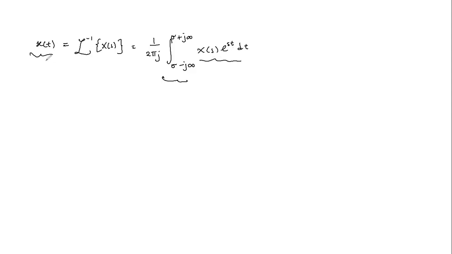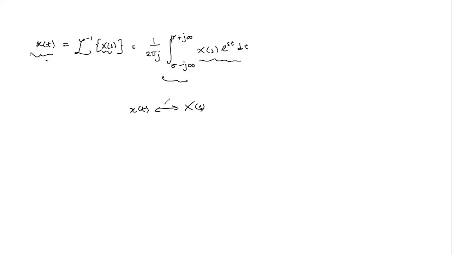So the signal s of t and its Laplace transform are said to form the Laplace transform pair. That is s of t, S of s. In other words, from s of t, we can arrive at S of s by taking the Laplace transform, and then we can arrive at s of t from S of s by taking the inverse Laplace transform.